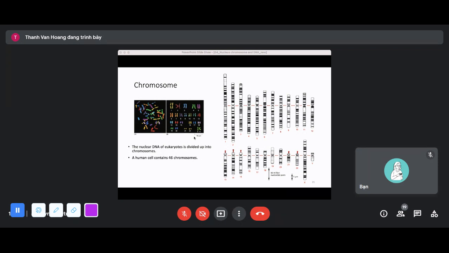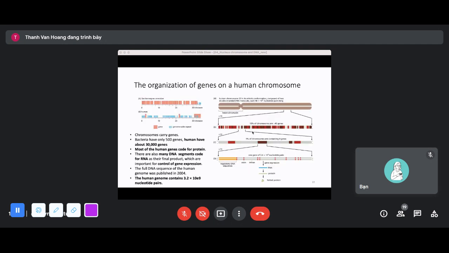There are 44 autosomes and 2 sex chromosomes, the X and Y. And how can the double-stranded helix that we learned about be packed into such a structure like a chromosome? Do you know which protein plays a role here? Does somebody know? Histone. Yeah, right. So let's learn about histone.